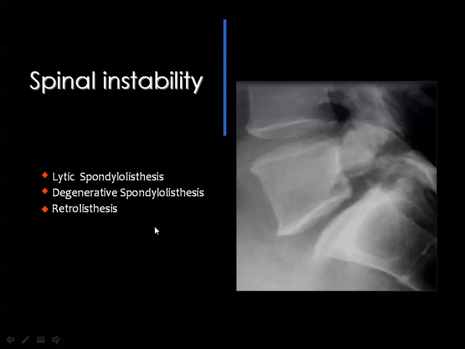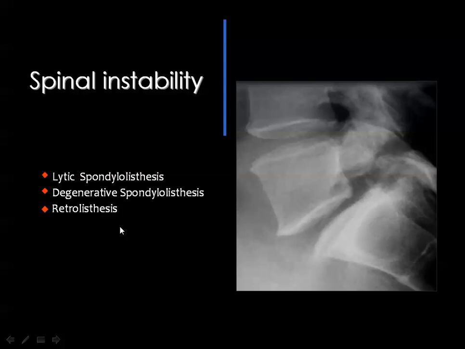If the pars is broken, then you get lytic spondylolisthesis. If the pars is not broken but the facet joints are the seat of osteoarthritis, then you get degenerative spondylolisthesis. And we have one type of retrolisthesis, which means displacement of the vertebra backward.